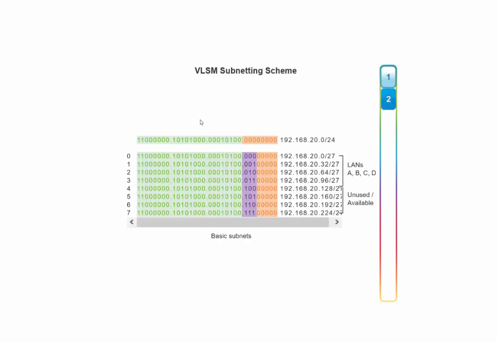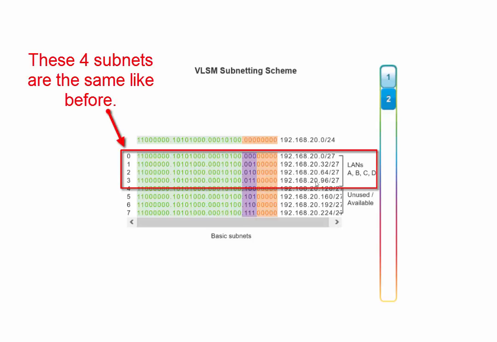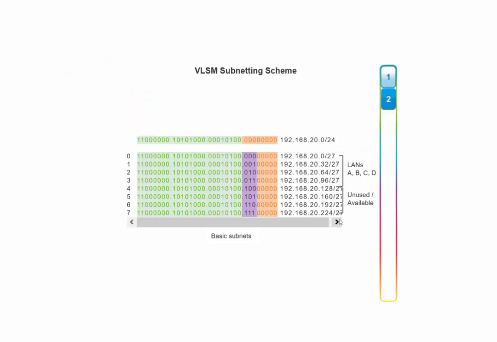If we consider the previous example, we can divide the network, which is /24, into 8 different subnets, and assign the first 4 subnets, which have the last byte 0, 32, 64, or 96, to the 4 buildings. Then we take the other 4, select one of these subnetworks, and subdivide it using a variable length subnet mask. In that case, we can select the network with subnet number 111.